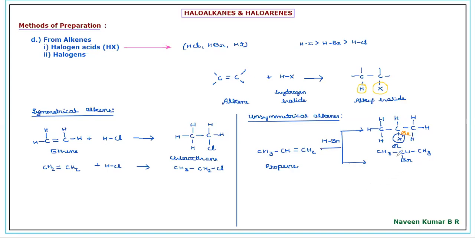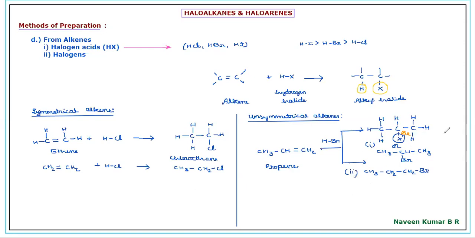Now this will be one of the products, and another possible product obtained in the process is CH3, the middle carbon will be added with hydrogen. We'll write it as CH2, and the terminal carbon will accept the halogen. It is Br. Now this is one product, and this is the second product obtained in the process.